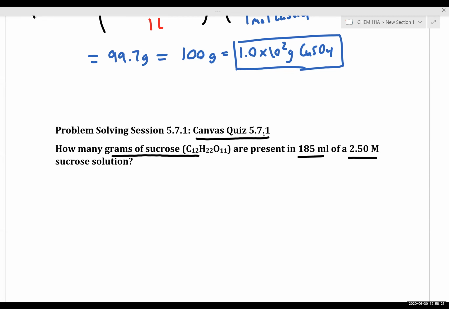So checking Canvas, I see a lot of reasonable responses so far. Let's take another minute to work through this problem and propose our solutions. And the responses I see also in the chat look perfectly correct. And then we'll discuss this example momentarily.